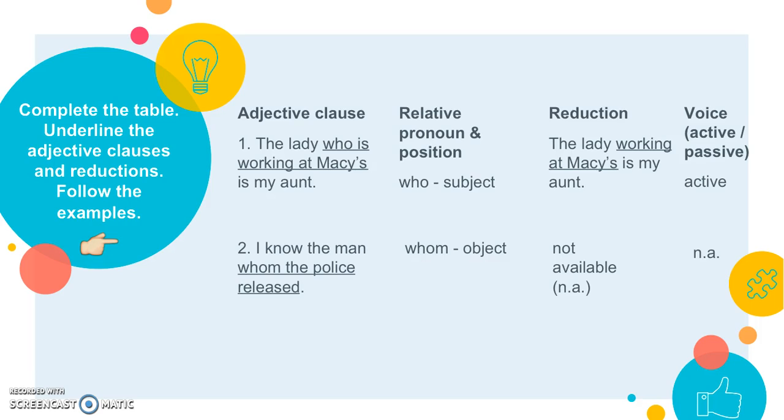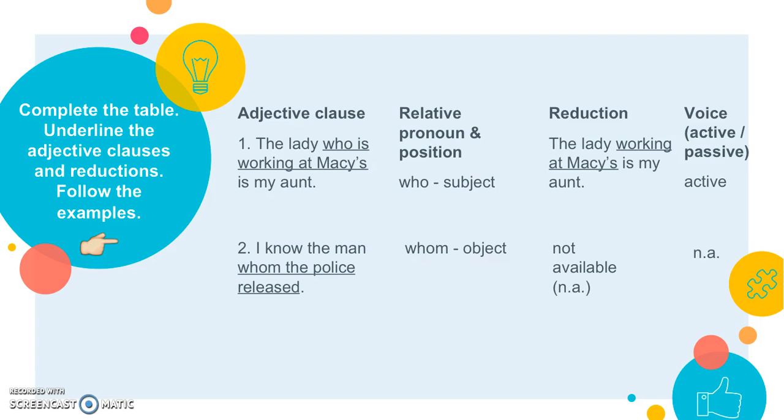We learned adjective clauses, and we should know exactly which relative pronoun to use and the position of the pronoun. Then we learned reduction, and please think about active and passive. I mean the voices. Also, when we have a preposition, we don't have active or passive, we just have a prepositional phrase in the reduction.